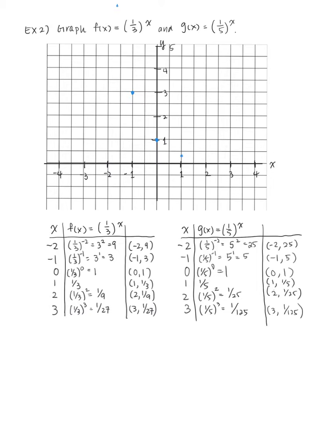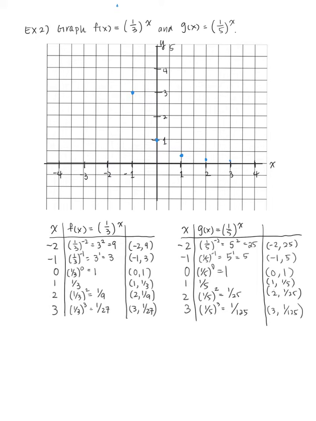So maybe over here. And then 2, 1/9. So when x is 2, our y value is going to get closer and closer to the x-axis now. So 1/9, maybe like here. And then when x is 3, it's going to get even smaller, which means that this tail end of the graph is going to go towards y equals 0, which is the x-axis.